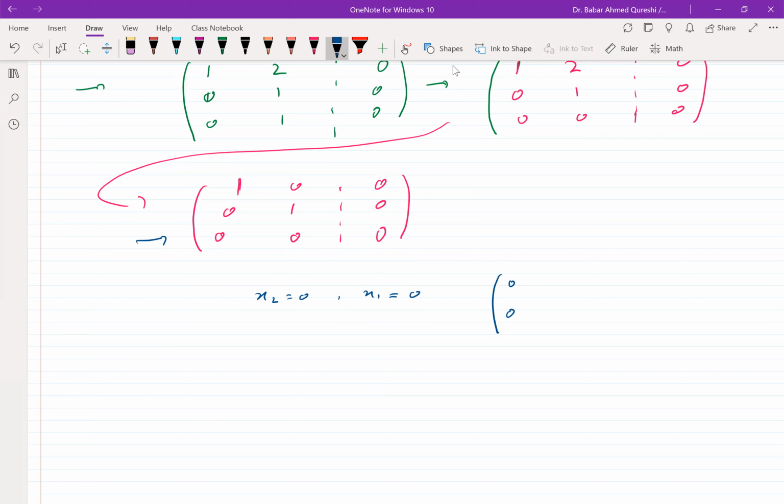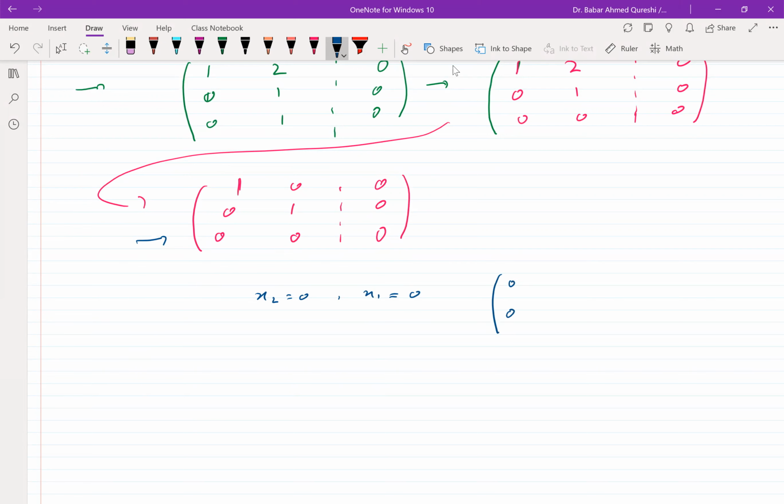So what are these two equations telling me? This is x1, x2, x3 in this solution. This equation is saying x2 plus x3 is 0. That means x3 is minus x2. And the first equation is saying x1 minus 2x3 is 0, so x1 is equal to 2x3. But I can replace this here to get x1 is equal to minus 2x2.